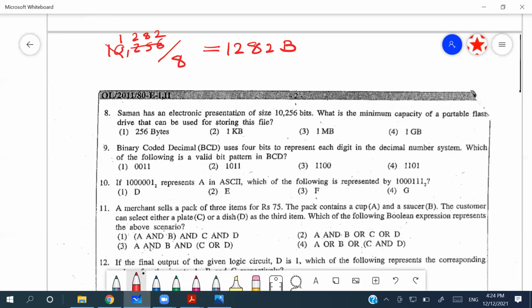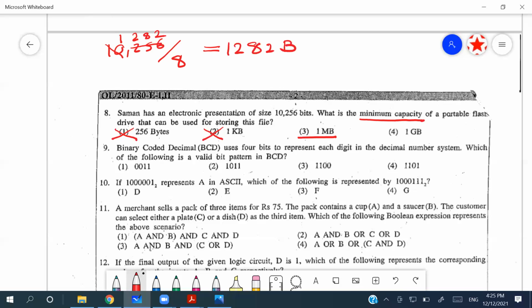Definitely 256 bytes is not sufficient, and 1 kilobyte is not sufficient. 1 megabyte and 1 gigabyte are sufficient, but they are asking for the minimum capacity. So definitely 1 megabyte is going to be the answer. So for the 8th one, the 3rd is the answer, right?